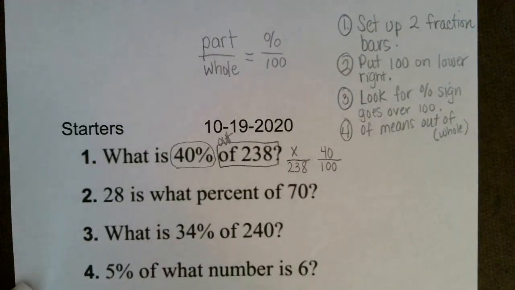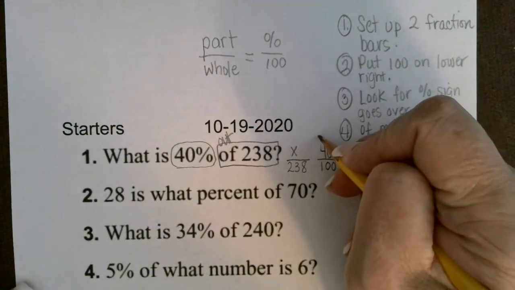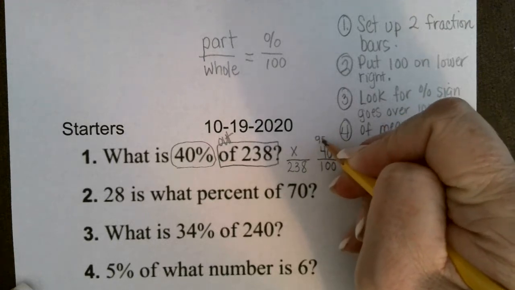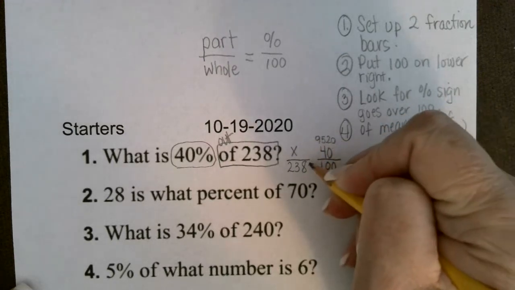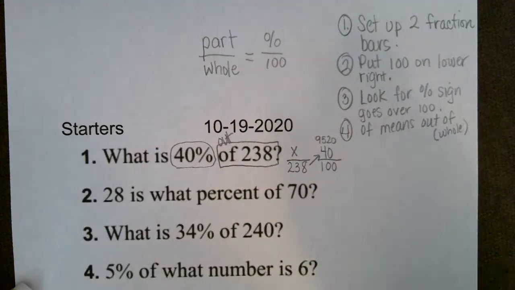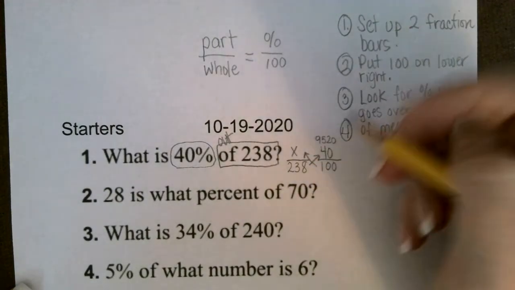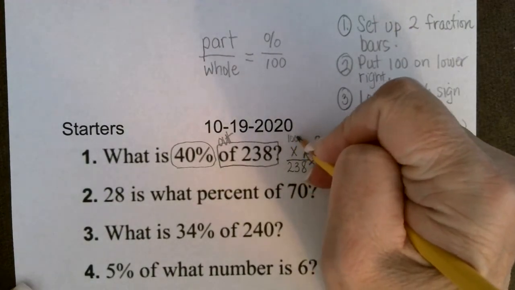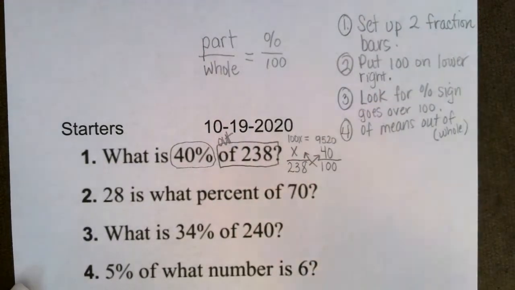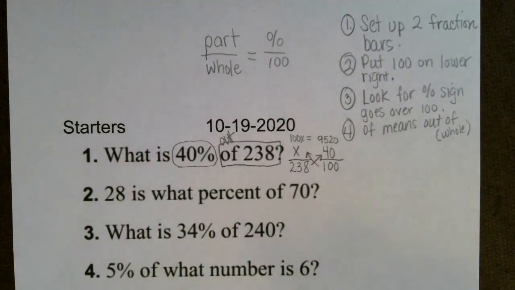Then we go ahead and do 238 times 40, which is 9,520 when we cross multiply. And then 100 times X is 100X. Those two things have to be equal when we cross multiply.